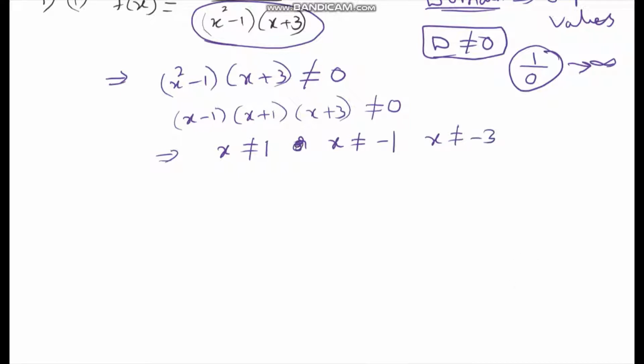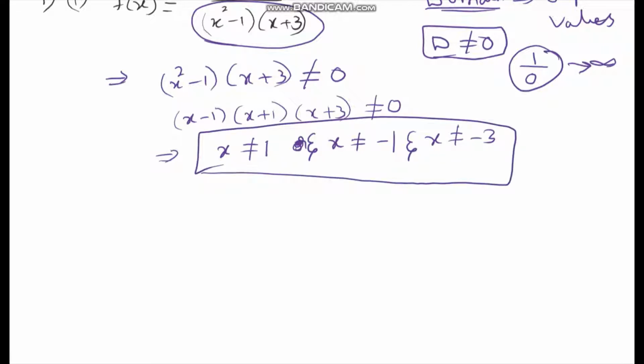Here, instead of or, I can use and. So x should not be equal to 1, minus 1 and minus 3. Except for these three values, for all the other real numbers, the function is defined.